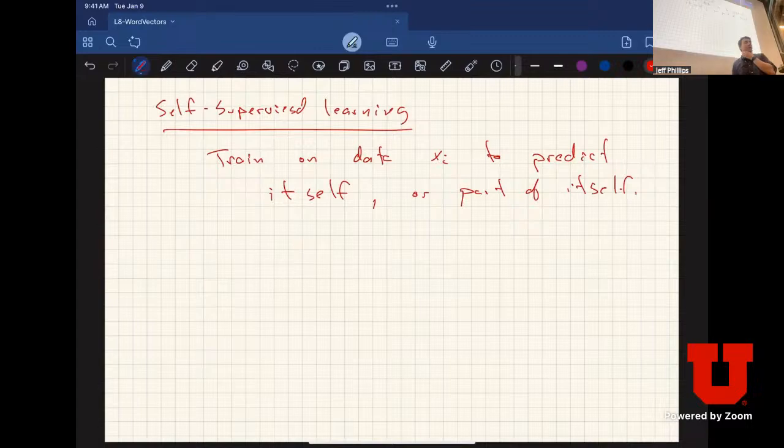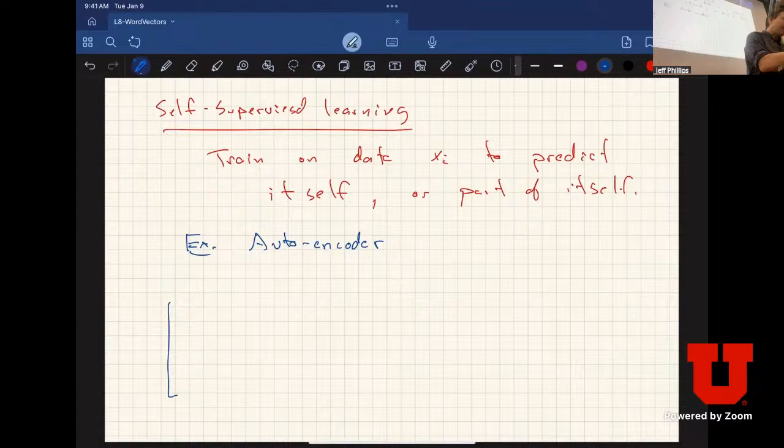Okay, so the most common early way of doing this, an example would be an autoencoder, and this was common with images.